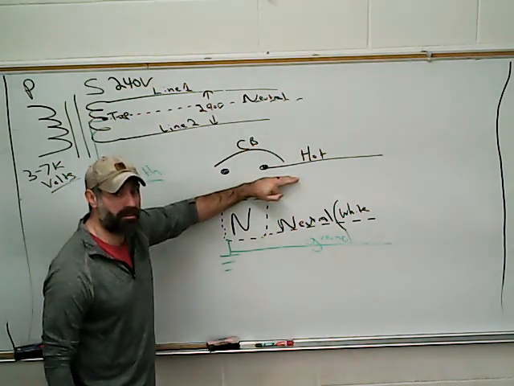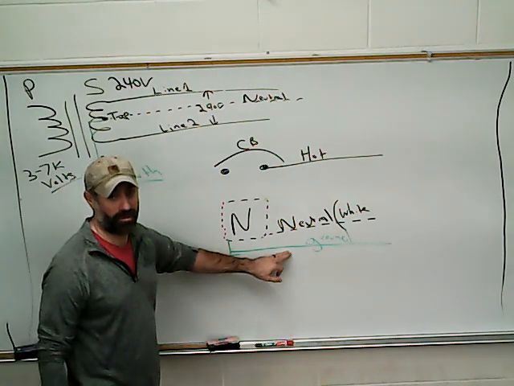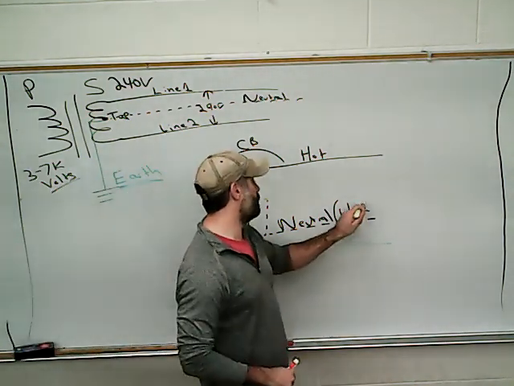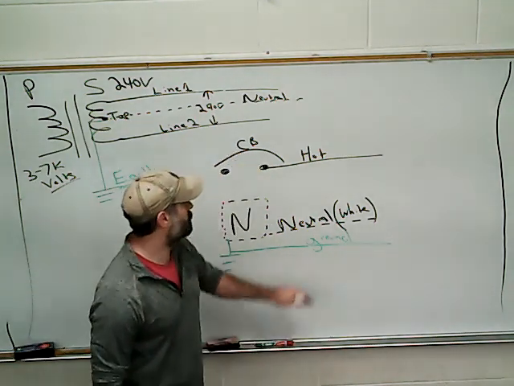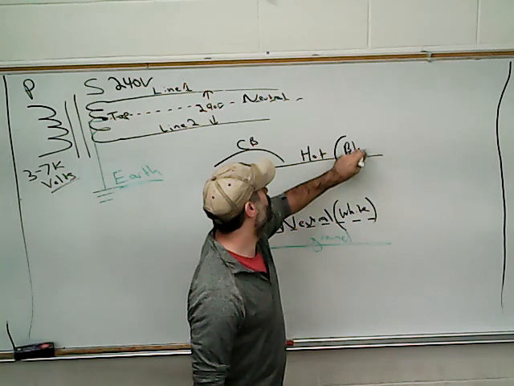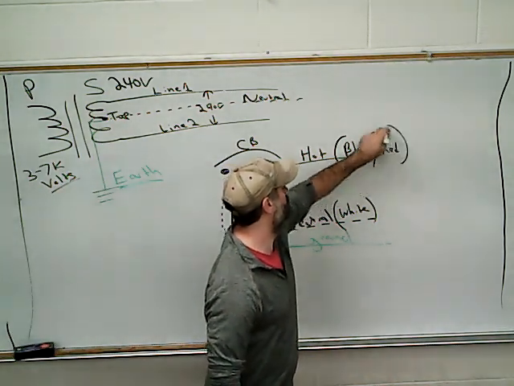You've got the hot, you've got the neutral, and you've got the ground. That neutral will always be identified as a white color inside of your house. The hot will be either black or red in your house.